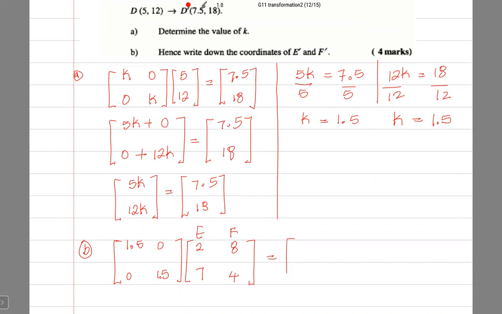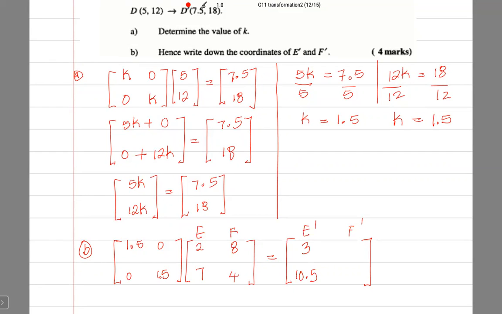And this is going to become E prime and F prime. If we want, we can work it out, but essentially everything is going to be multiplied by 1.5. If you multiply 2 by 1.5, you get 3. If you multiply 7 by 1.5, you get 10.5.